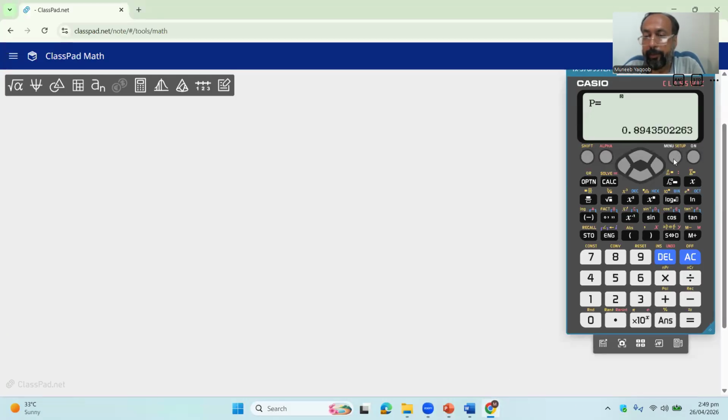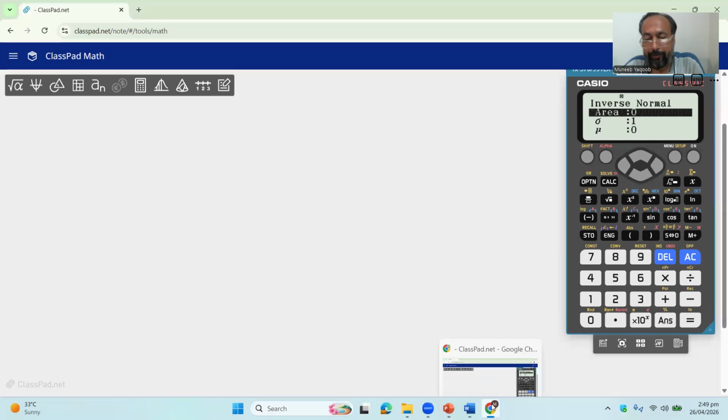And this time again, we will press the menu button, then press the 7 button to select the distribution, and this time we will select the inverse normal, that is basically the third option. So now we need to calculate the inverse normal. What was the probability?